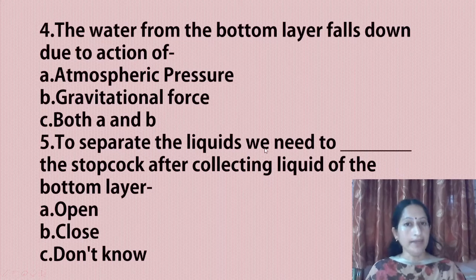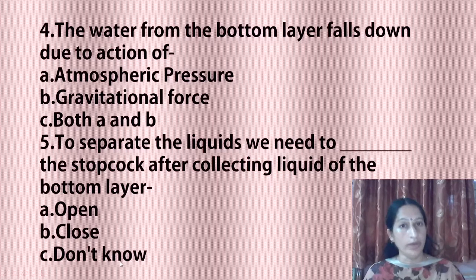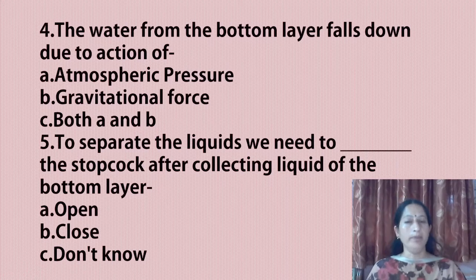Now, to separate the liquids, we need to close the stopcock after collecting the liquid of the bottom layer. Once the liquid of the bottom layer, which is of higher density, is collected in your conical flask or beaker, what should we do with the stopcock? Should we keep it open or close it, or you don't know about it? If you don't know, please go back to the video and see the parts where I explained. Yes, and those who know, I think all of you know this.